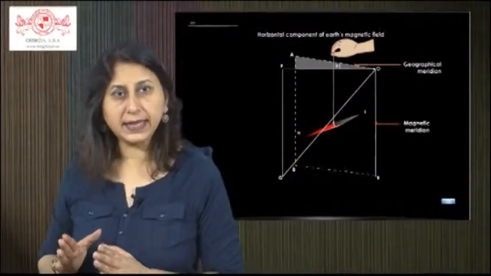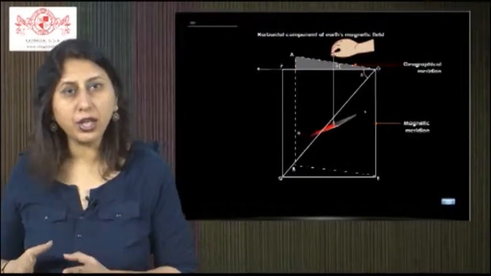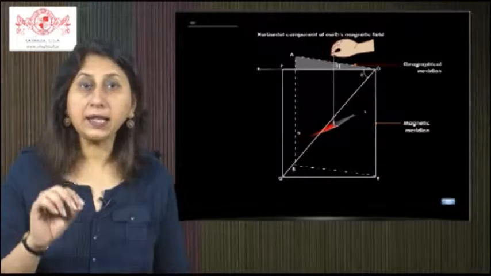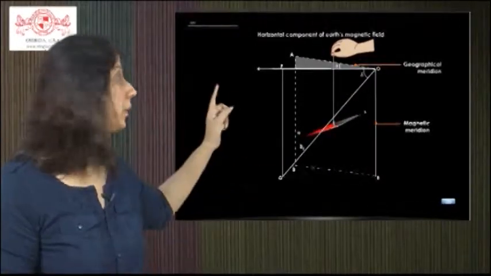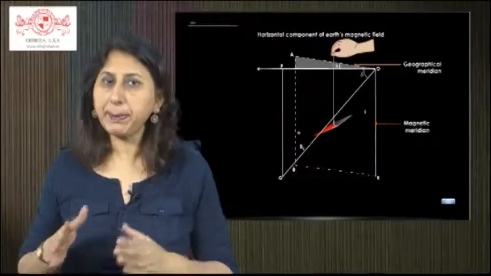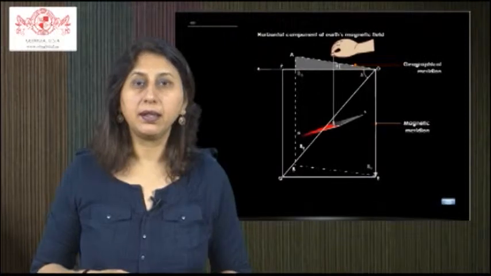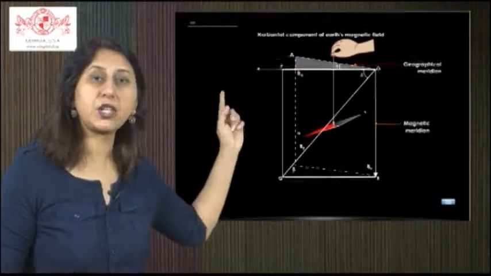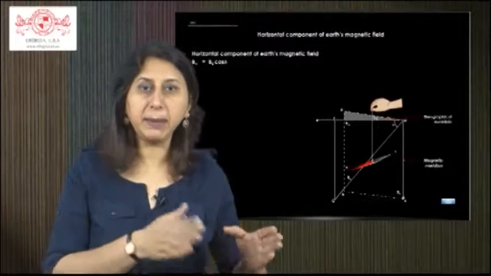The angle between the axis OQ of the magnetic needle and the horizontal OP is the angle of dip delta. The axis OQ of the magnetic needle represents the direction of the Earth's magnetic field BE. BE can be resolved into horizontal and vertical components BH and BV.